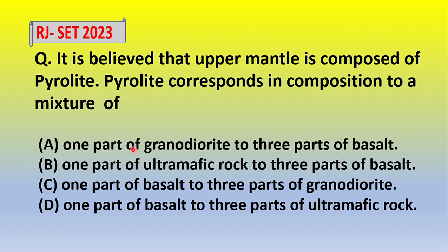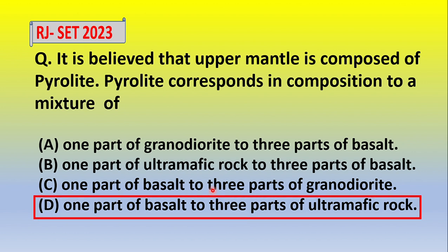So remember pyrolite is actually a synthetic material. This represents the composition of upper mantle, and we know that composition of upper mantle is a peridotite. So which one is the correct answer? Correct answer is D.